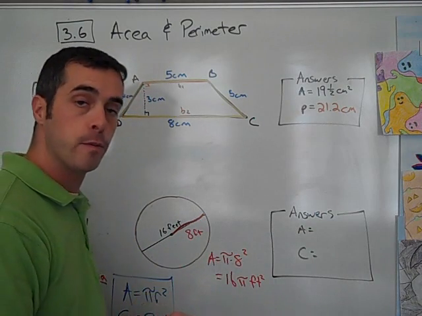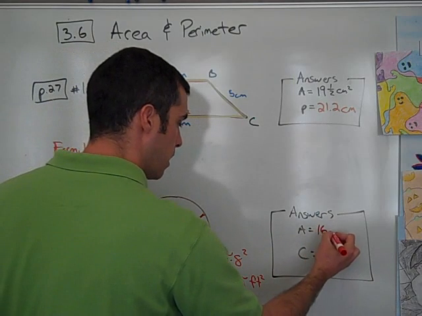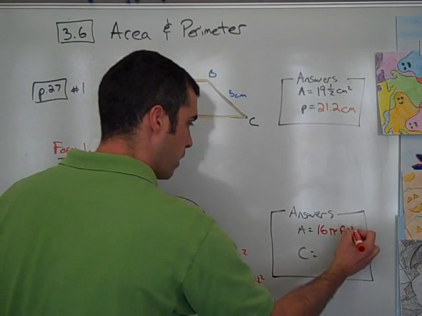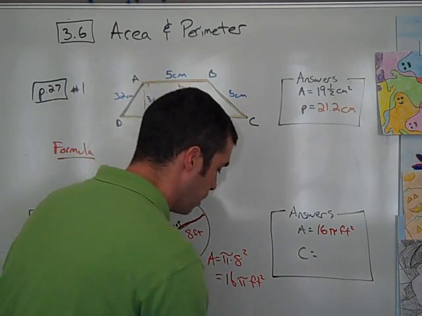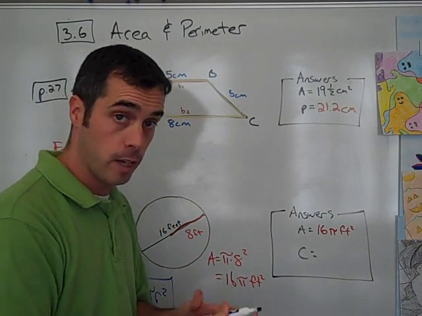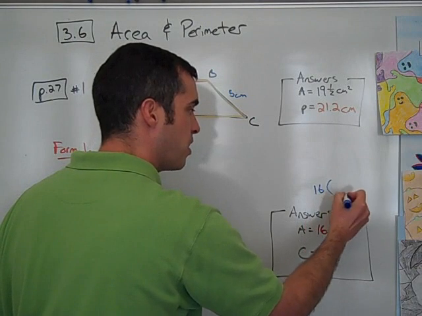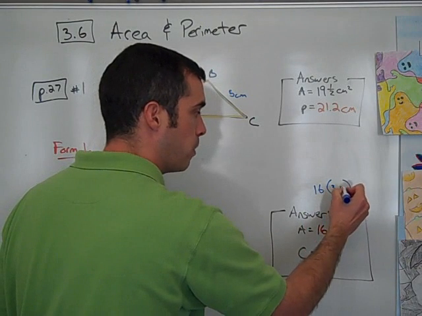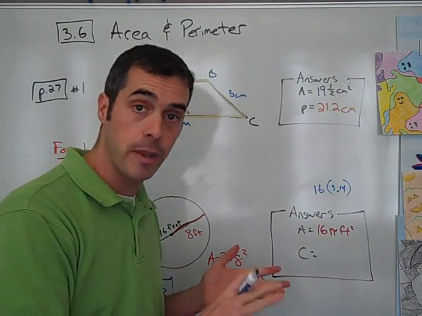I'm going to leave my answer in terms of pi. So my area is going to be 16 pi feet squared. That's the exact answer. Nobody else on the planet could give us a more precise answer than this. If I had a calculator on me right now, which I don't, I would perhaps estimate pi by 3.14 and then continue on to get a decimal approximation.